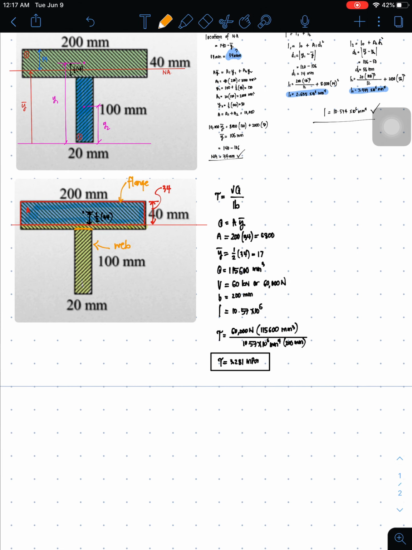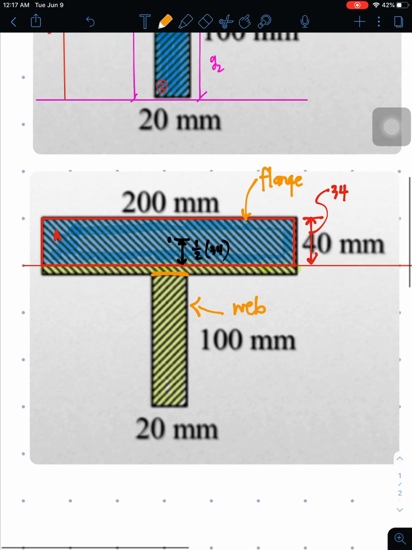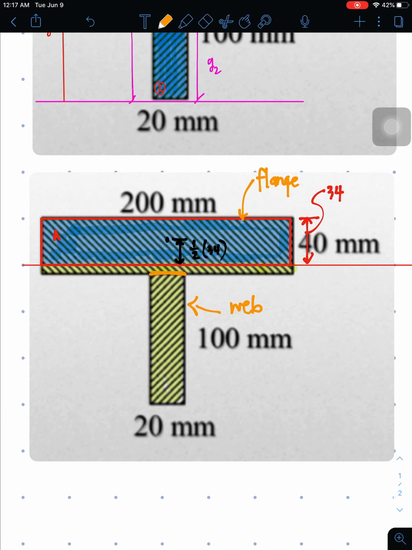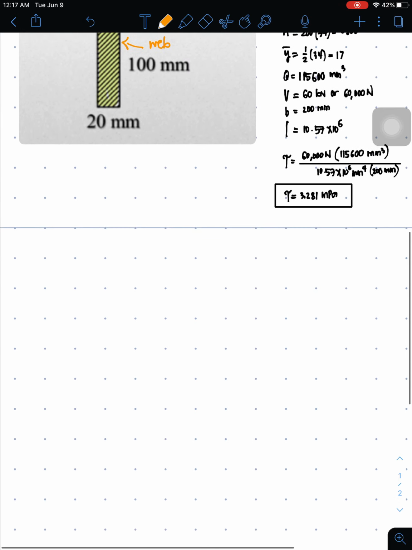So let us first consider what to do. At the junction, we are torn between two plates or two materials. One is the upper material, the second one is the lower material. So basically, it's going to be of different bases, right? The base of the flange or the base of the web.